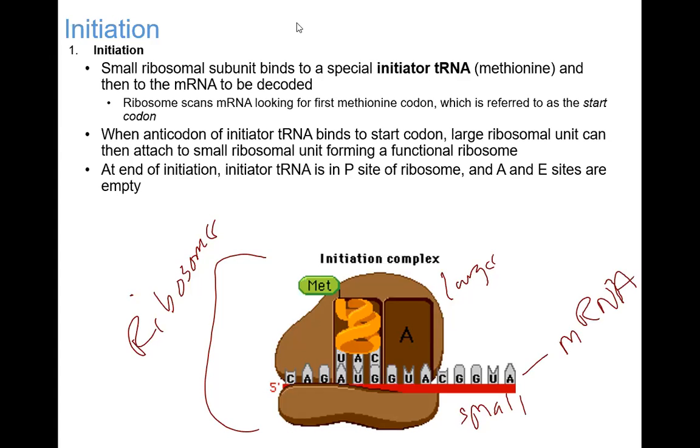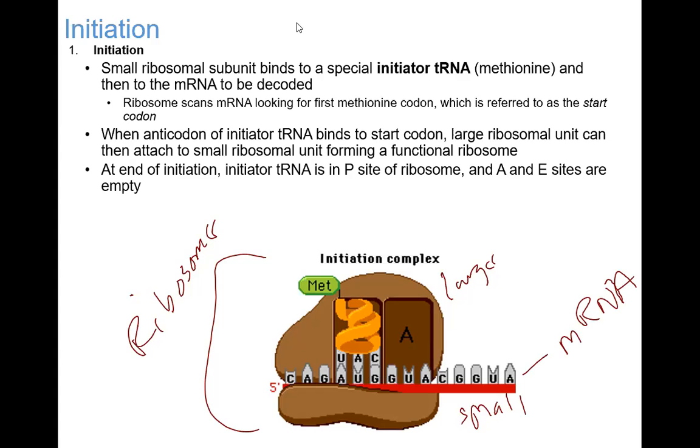The transfer RNA will come in and land at the complementary spot at the start codon. And it will always bring methionine as the first amino acid in every protein.